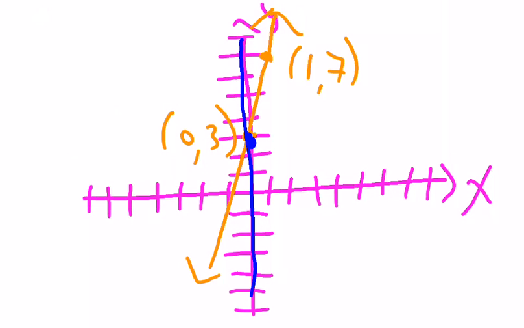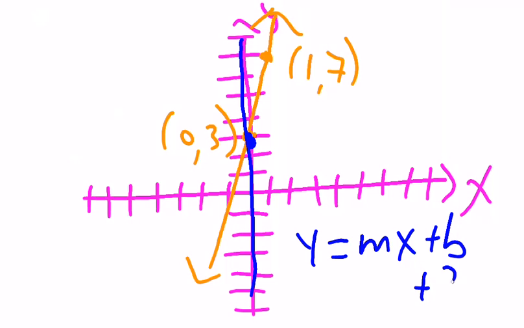Now when we write our equation, we don't put them in an ordered pair, but we would say that the y-intercept is 3. Now if we look at our equation, y equals mx plus b, then we would know that we would have plus 3 here. Now we just need to find the slope in order to write our equation.